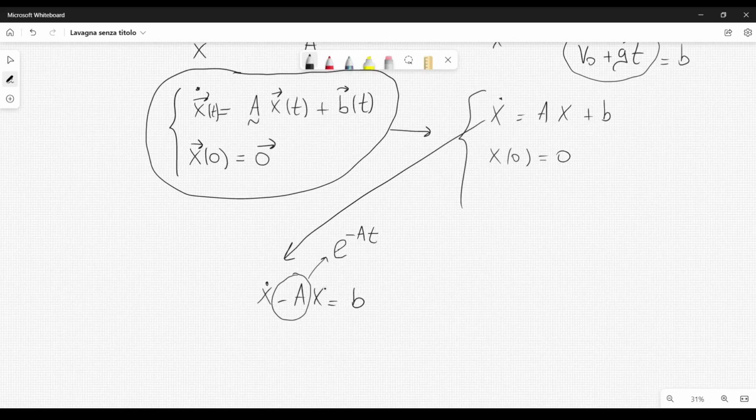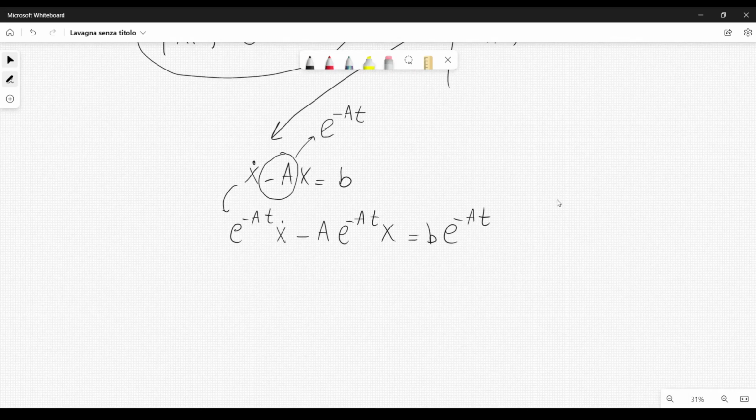If a depended on time, we would have to consider the integral here over time, but let's not overcomplicate things. A is a constant, so we can simply write this as e to the minus at. And then we multiply these terms by that factor, e to the minus at. So we have e to the minus at times x dot minus a times e to the minus at times x equal to b e to the minus at.